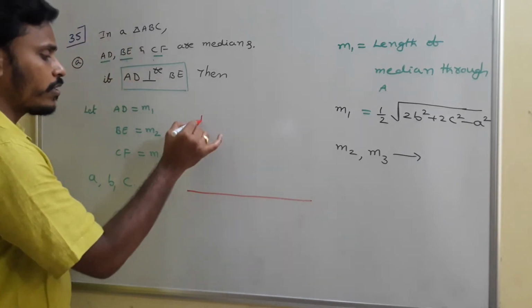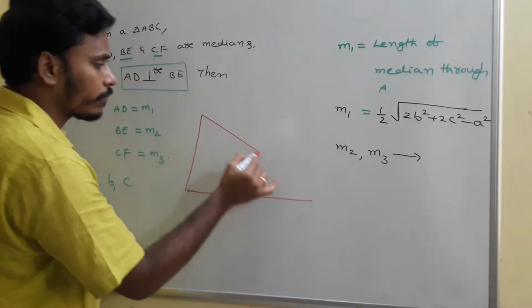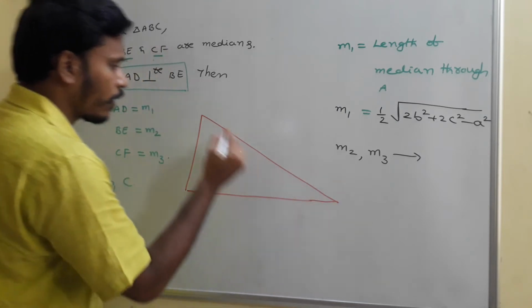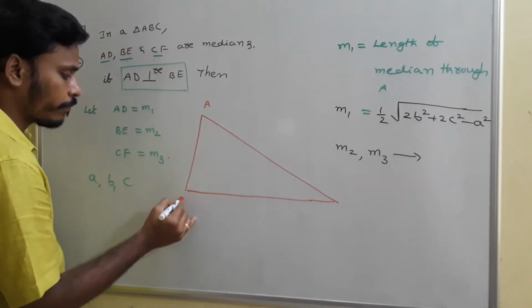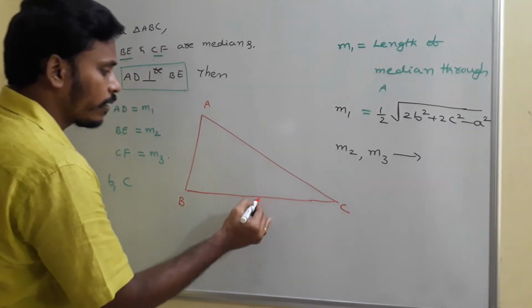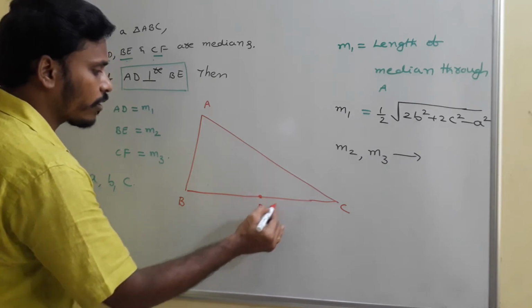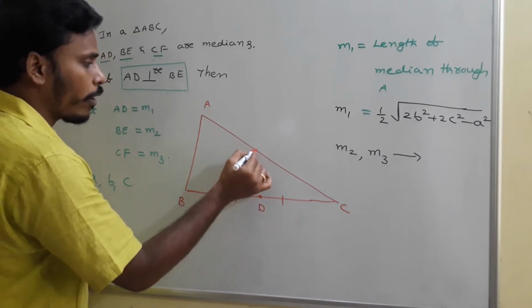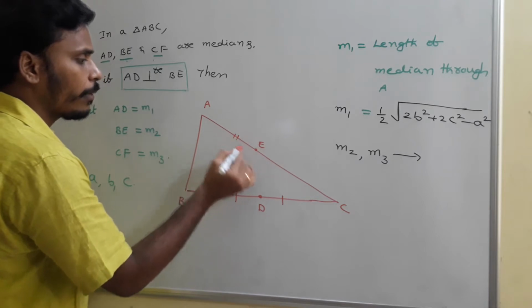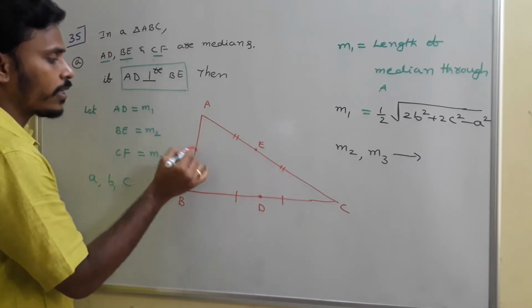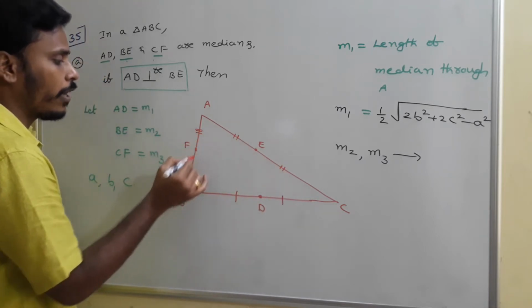Suppose this is the triangle ABC, okay, right? And since we are going to construct the medians, D is the midpoint of this side, E the midpoint of AC, as well as F the midpoint of AB.